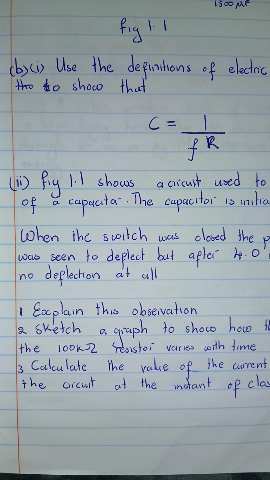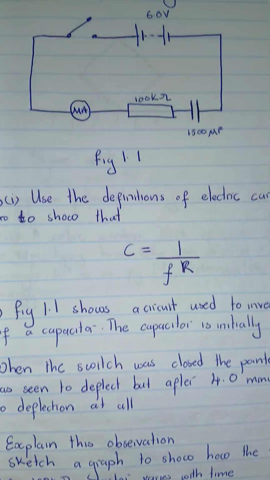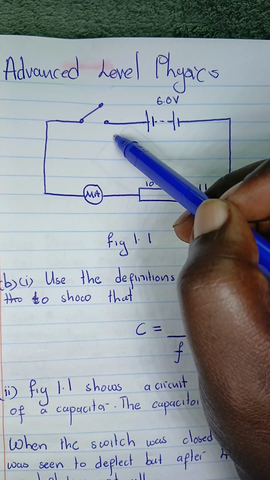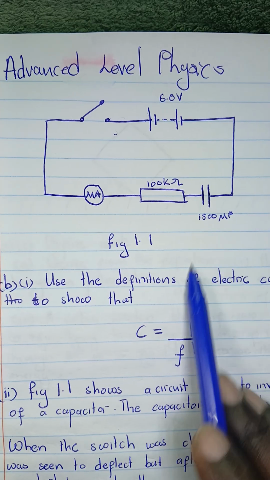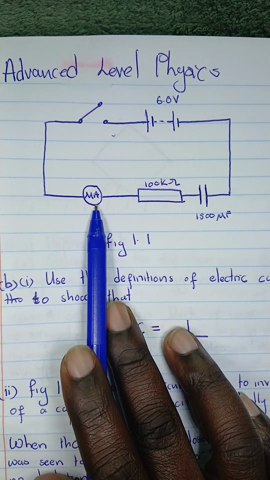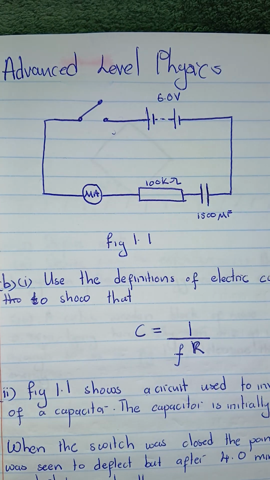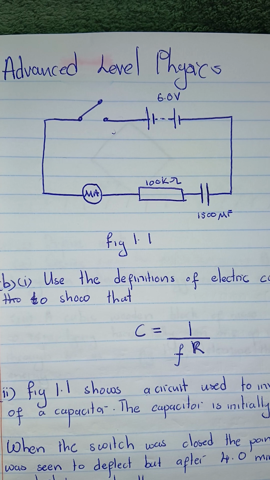Explain this observation. So when the switch was closed, there was a deflection in the ammeter, but after 4 minutes there was no deflection.